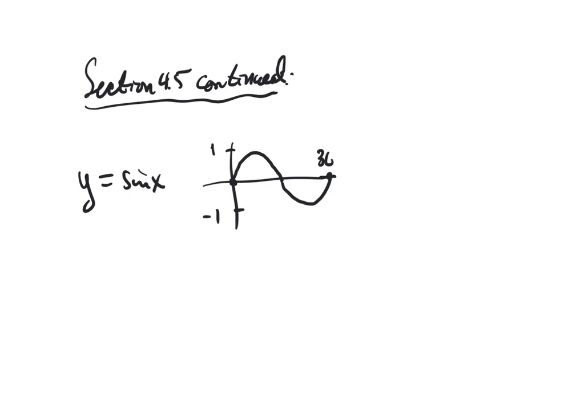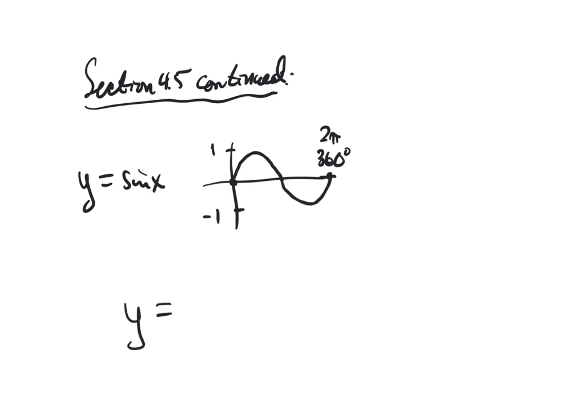And normally it takes 360 degrees or 2 pi radians to make a complete cycle. All right, and again with a sine curve, we normally think of a hill and a valley as being a complete cycle. Okay? So with that in mind, let's draw a couple more when we have some transformations attached.